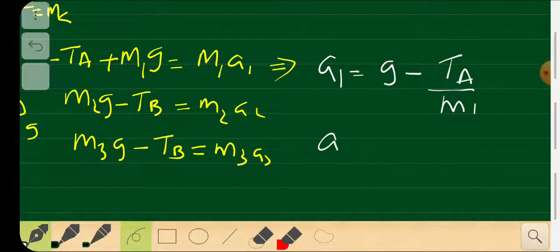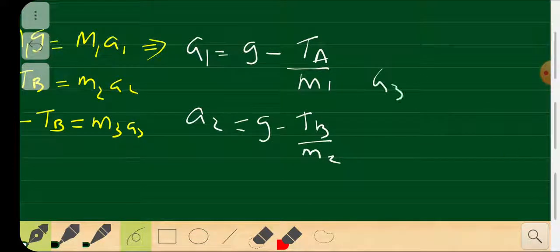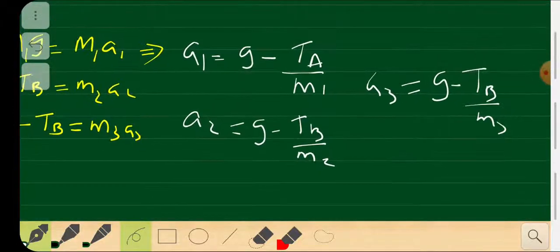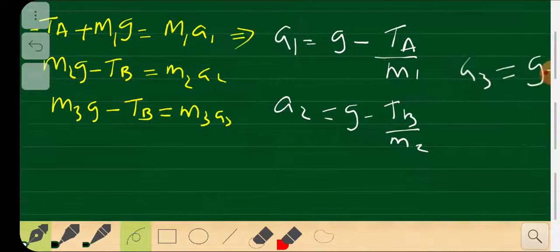And a2 will be equal to g minus TB by m2. Similarly a3 will be g minus TB by m3. I just took all the other things to the other side and simplified it.